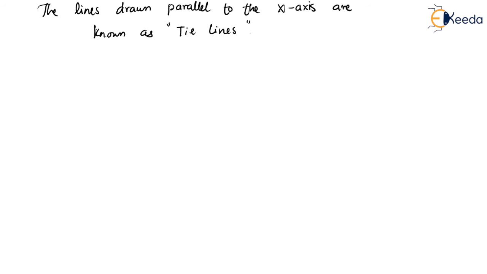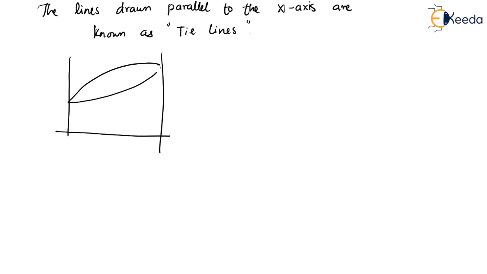So dear students, of course we are able to apply the Gibbs phase rule. Say if I once again draw the diagram, this is the composition X. This is the liquid, this is liquid plus alpha, and this is alpha.